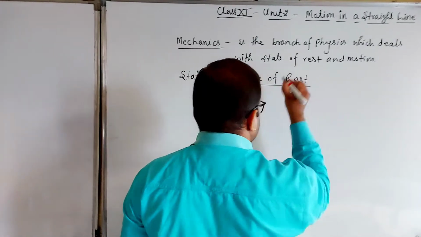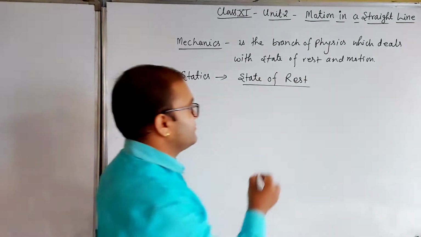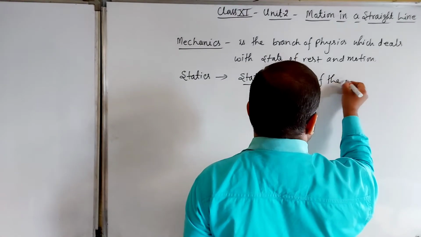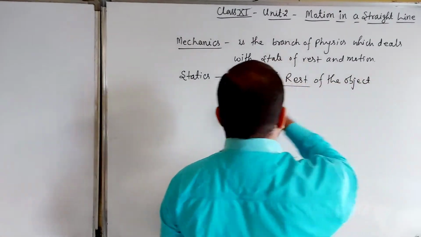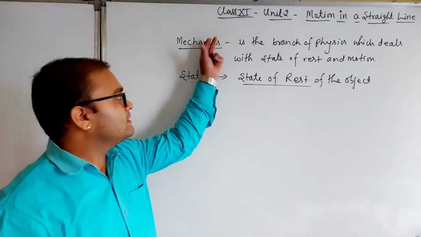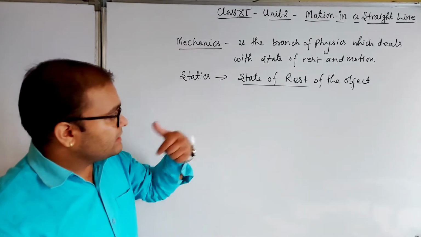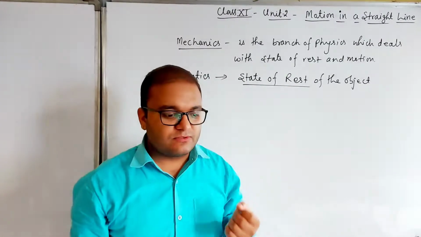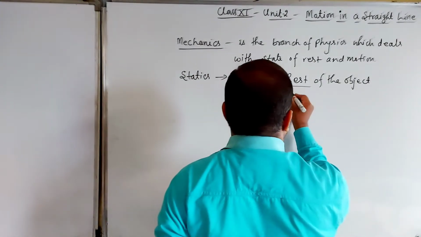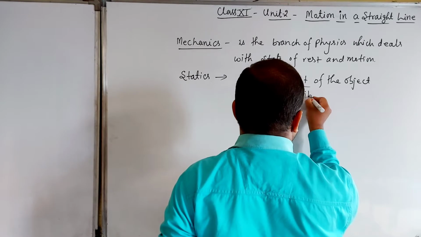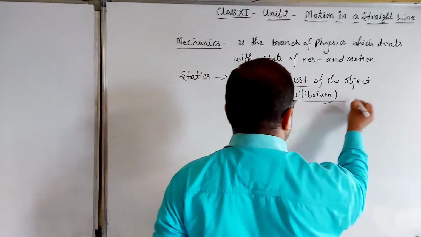Statics means the state of rest of the object. You can write in detail: statics is a branch of mechanics in which we study the state of rest of the object. Rest means equilibrium position of the object.